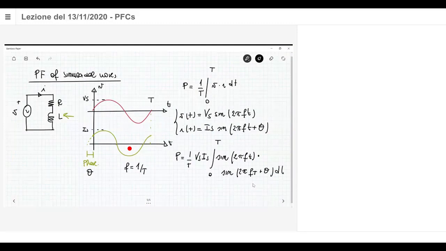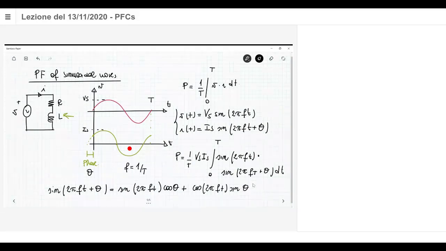Now we can use some trigonometric identities. Sine of 2πft plus theta can be written as sine 2πft cos theta plus cosine 2πft sine theta. So you can write this contribution in this way.